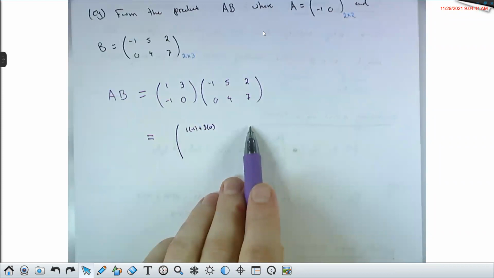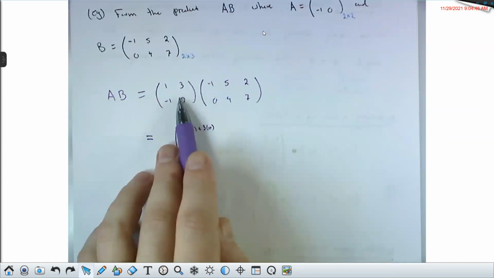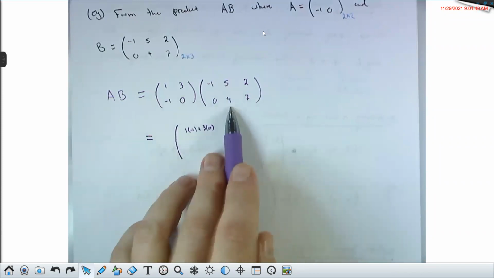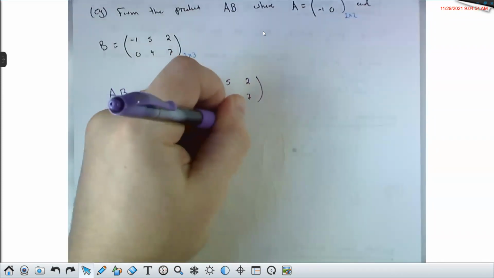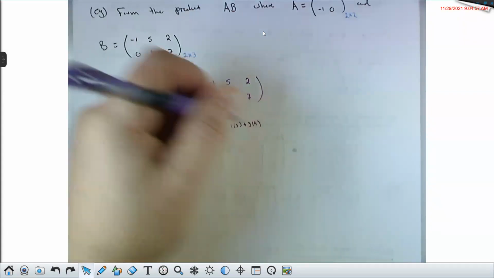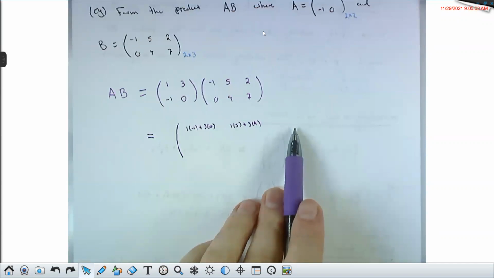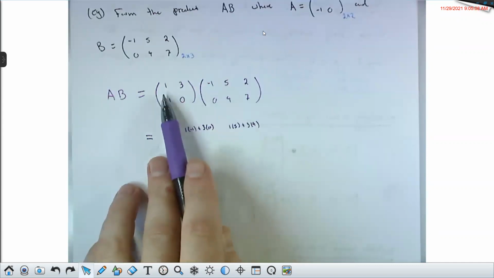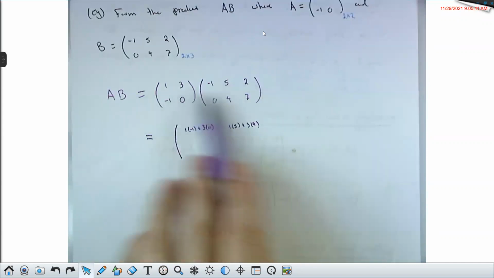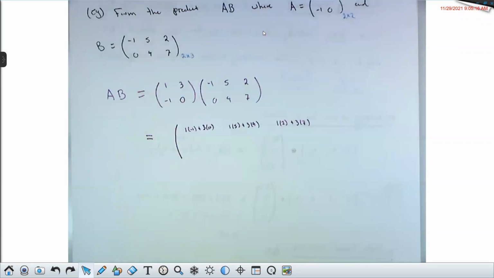The next entry here, the 1, 2 entry, I get by taking the first row of A and the second column of B. That's going to be 1 times 5 plus 3 times 4. The third entry of row 1 here is going to be the first row of A times the third column of B. That's going to be 1 times 2 plus 3 times 7. That's the first row of the resulting matrix.